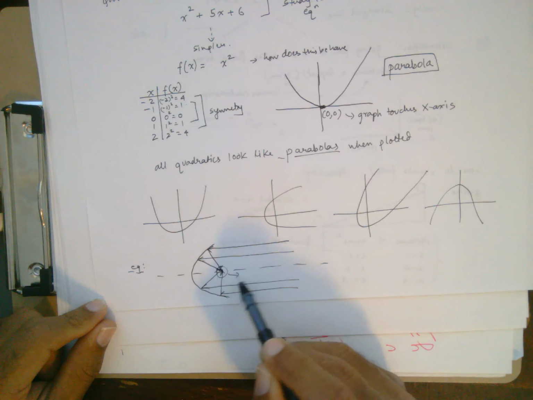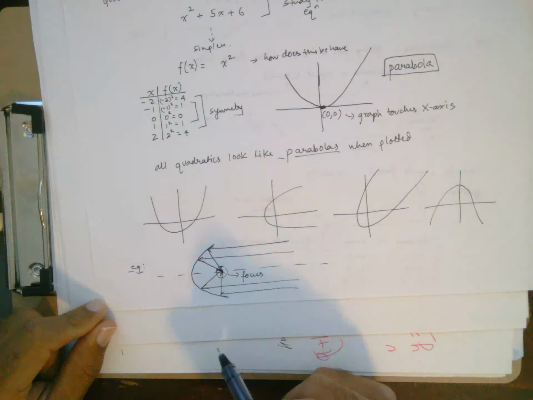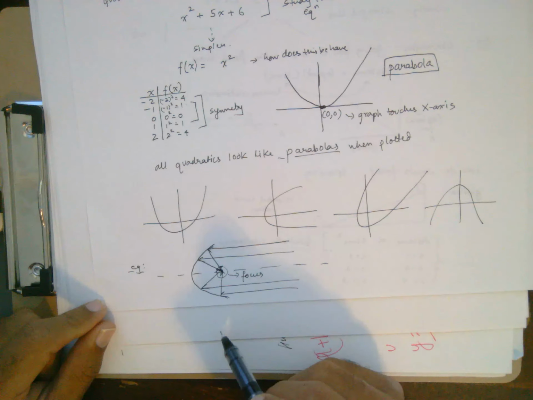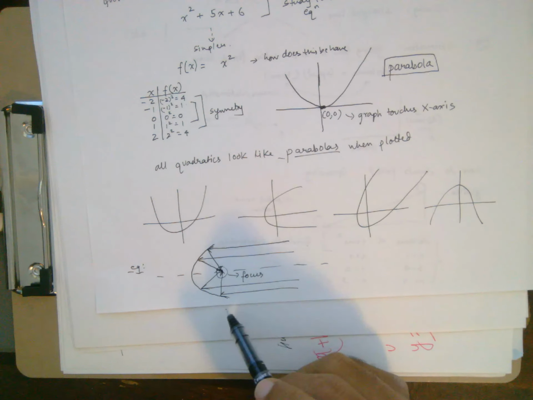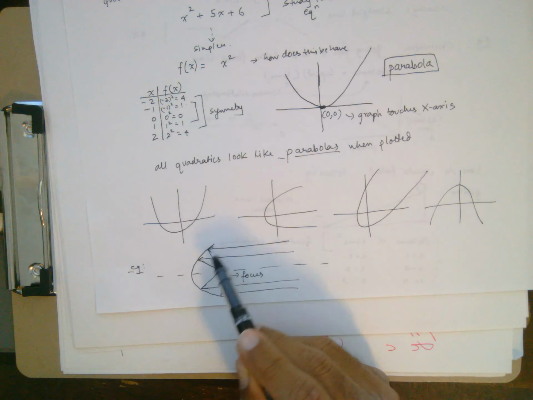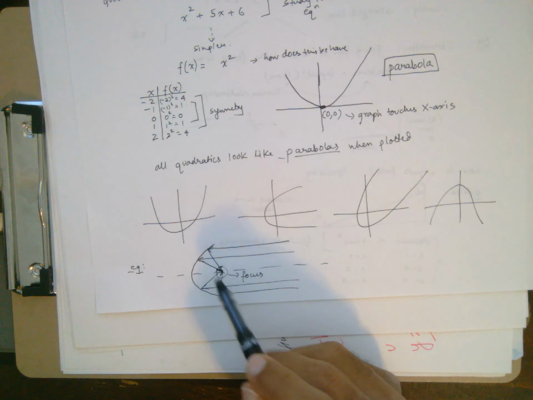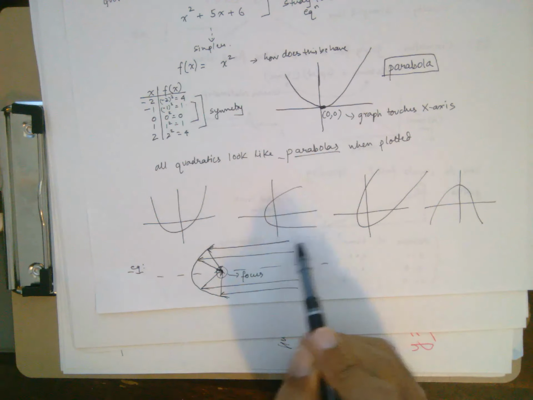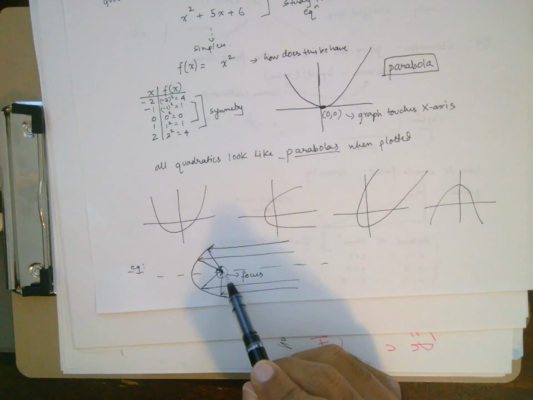And this point is called the focus. Now this is not true if you take a semicircular arc, or if it's not parabolic; this property is not going to hold.